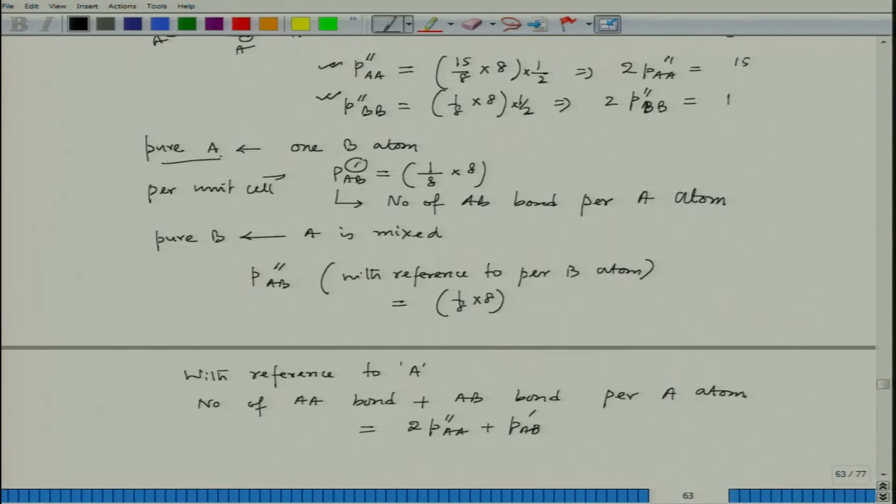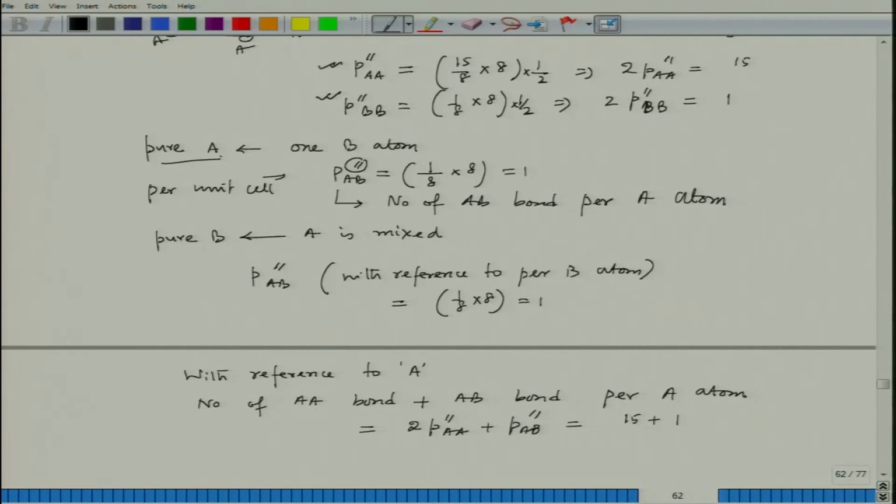So, I can put here a double prime, so everything becomes uniform. So, double prime, and this should be equal to nothing but 15 plus 1, because this is becoming 1, this is becoming 1.